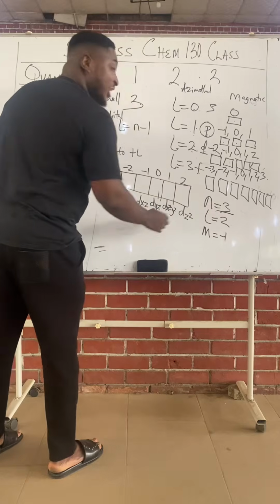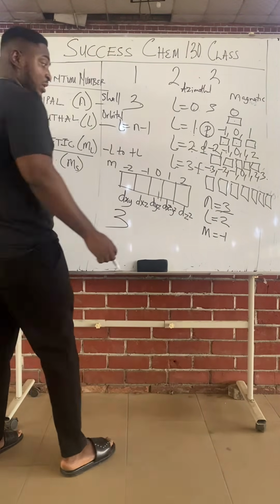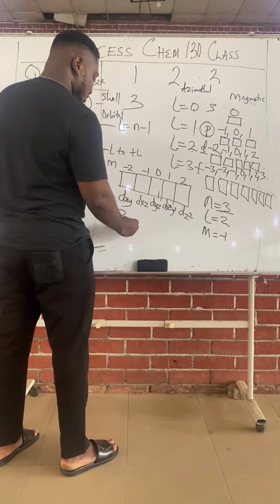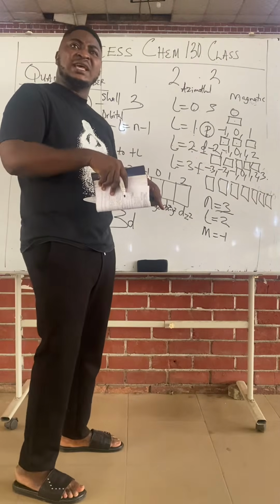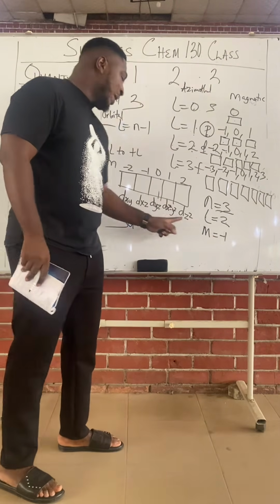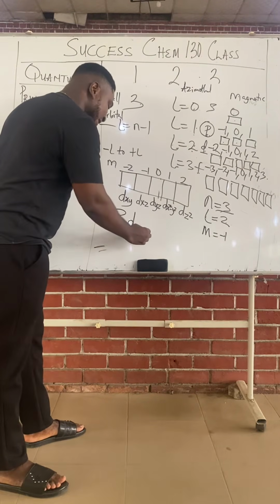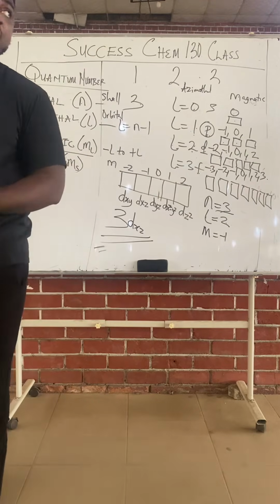You must first write the shell where the orbital belongs, right? 3 is the shell that produces the orbital. Now, what kind of orbital is produced when L is 2? D. Now, which block of D is the electron stored exactly? M minus 1 means what? So 3Dxz. This is the orbital designation for these parameters.